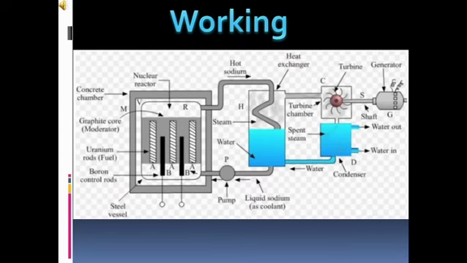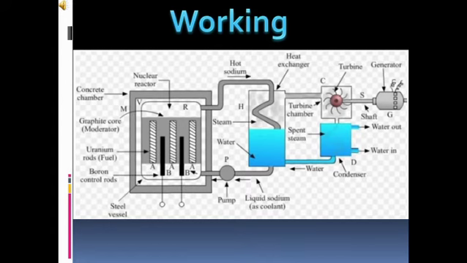They are inserted in a core which is made up of graphite blocks inside the reactor, and the graphite is called your moderator, and its function is to slow down the speed of neutrons to make them fit for causing the fission. In between the uranium rods are inserted boron rods B, and they are the control rods. Why? Because they absorb excess neutrons and they prevent the fission reaction from going out of control.